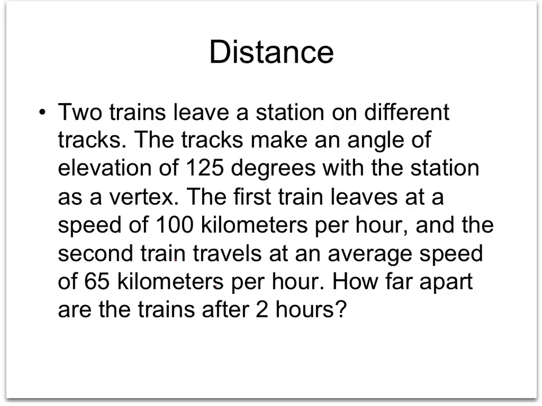We're going to start by drawing a picture and writing out some of the information since you now can't see the problem anymore. But we have a station here, and we have two trains traveling with 125 degrees in between them. So that was our given information.